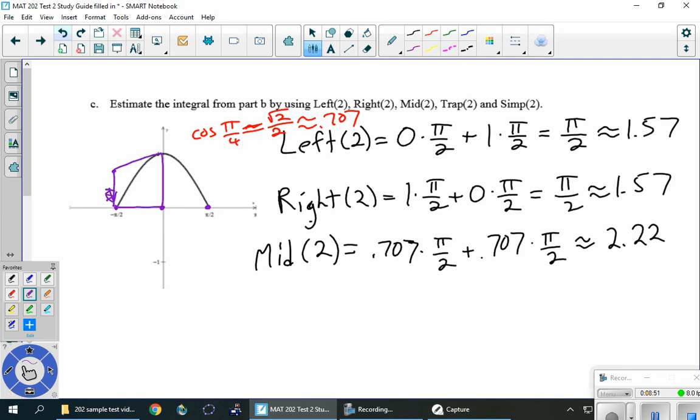But in this case, the point is on the x-axis, and so our trapezoid actually evolves into being just a plain old triangle. And the same thing on the right-hand side. It's that point and then this point, and so you connect with a straight line, but in this case we just get triangles. So, trap of 2.